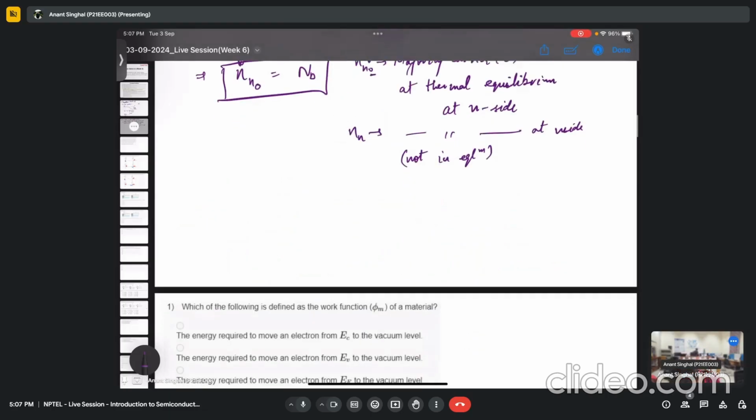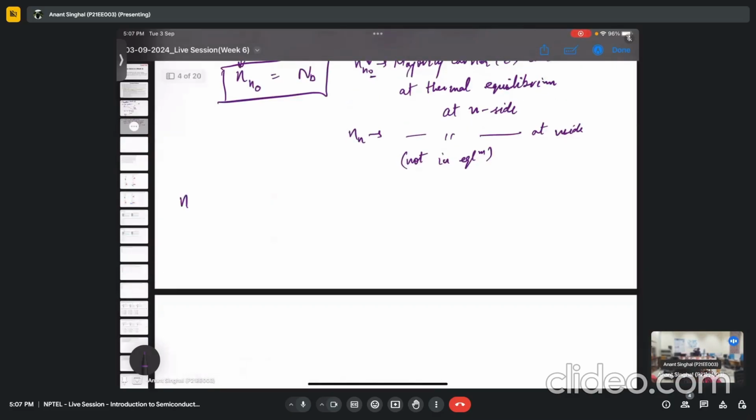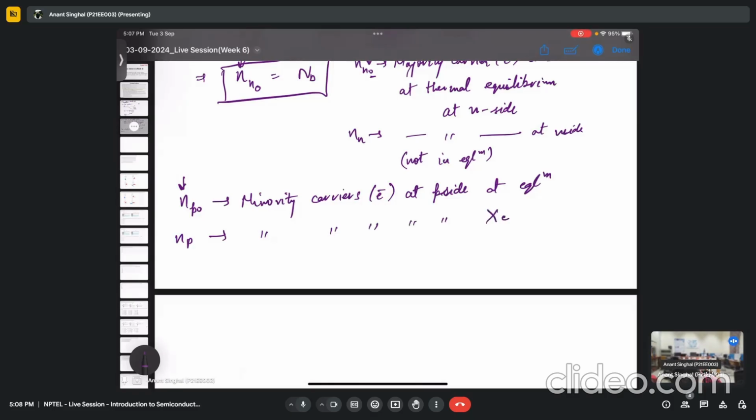Let me give you some quick terms so that it will be easier to grasp. Let's say I have Np naught. This means we will have minority carriers, that are electrons, because we are writing n at the p side, at equilibrium, because we have a naught. Similarly, if I write Np, that will again be minority carriers, that are electrons at the p side, which are not in equilibrium.